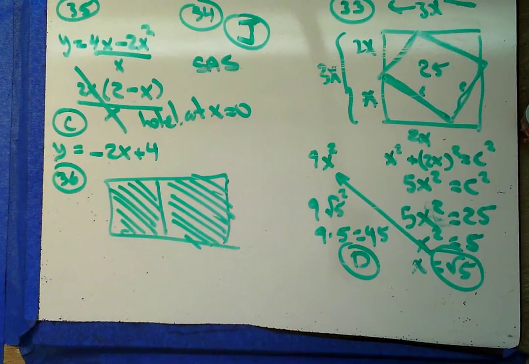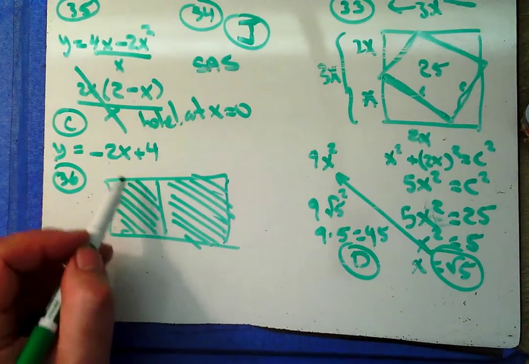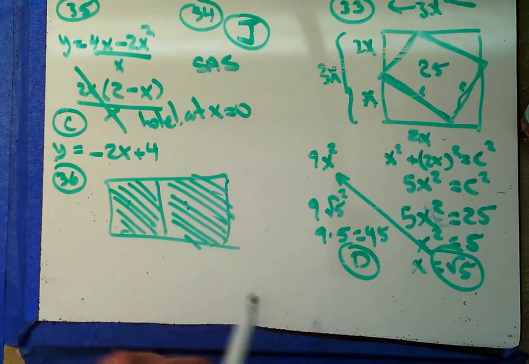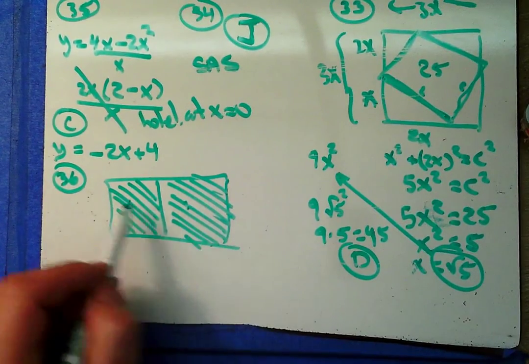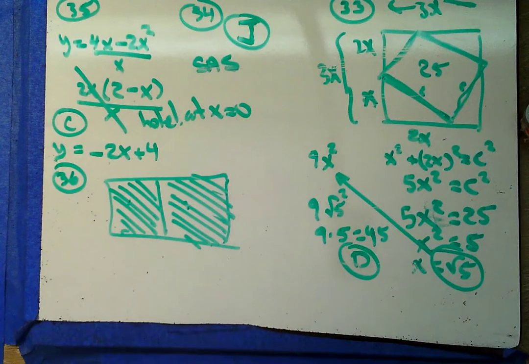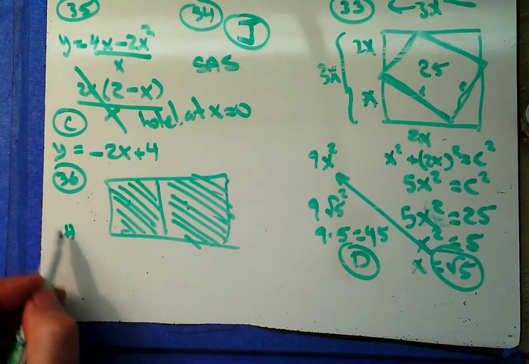There are 2 sets of points that do not contain the line. Now, granted, there's an infinite number of points in each set, but there are 2 sets of points that do not contain the line. Okay, so 36 is H.